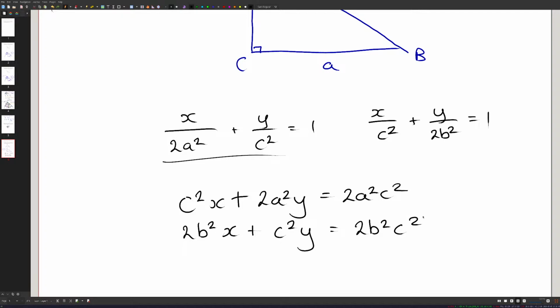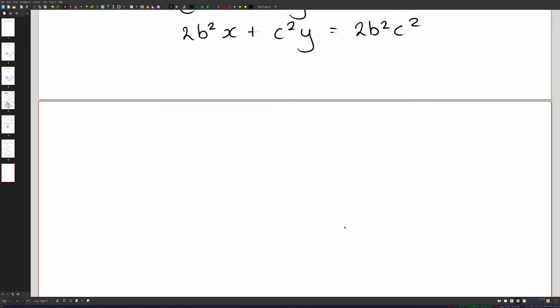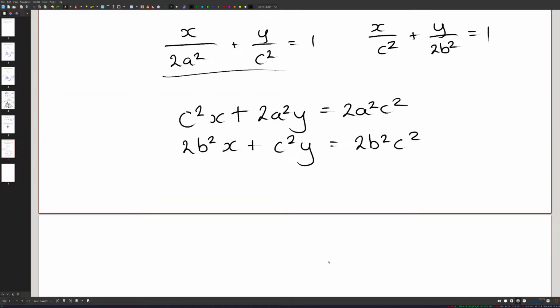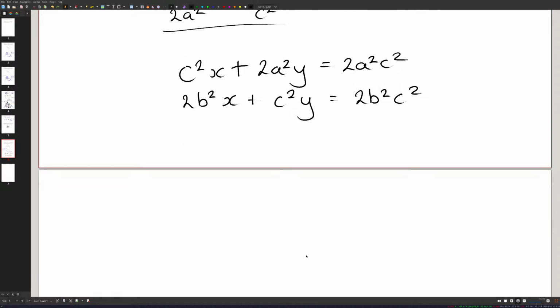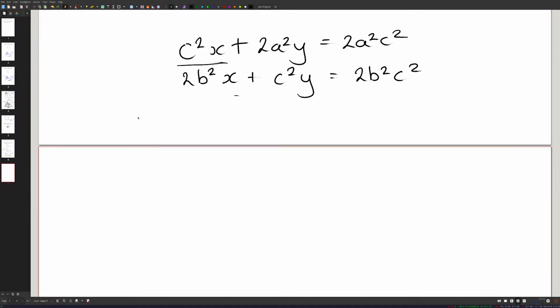And if you've got no other ideas for how to do it, which at the moment I don't, you could always just solve for x and y. So multiply this equation by c squared, this one by 2b squared, and subtract them so that the x's cancel. Just solve it like a normal system of equations.